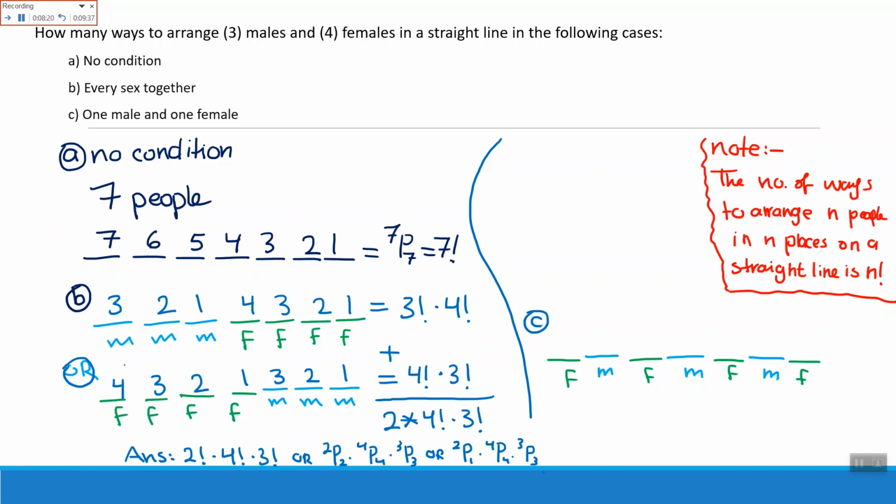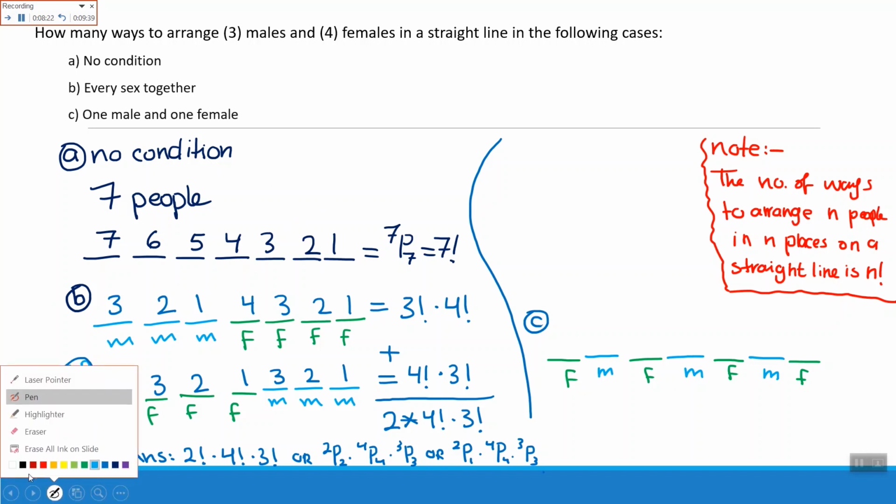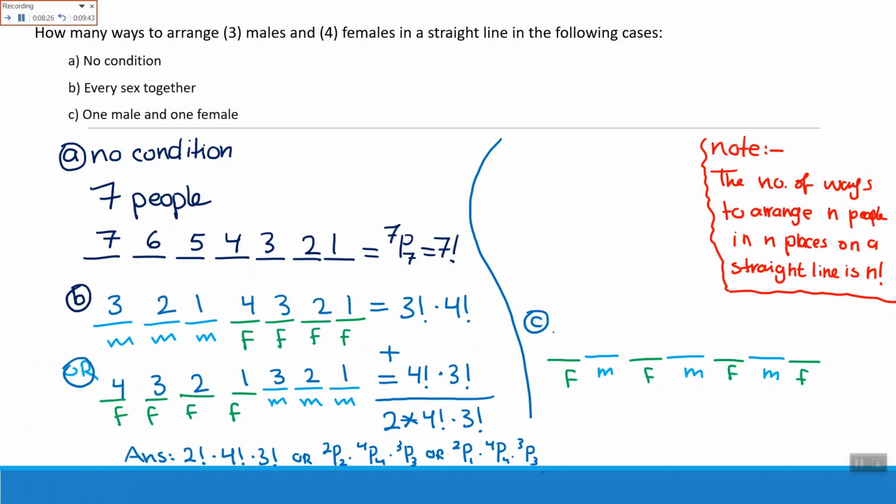So if we do that, what are we going to have? We're going to have 4 options for females, reducing into 3, and then 2, and then 1. For the males, we're going to have 3 options, and then 2, and then 1.